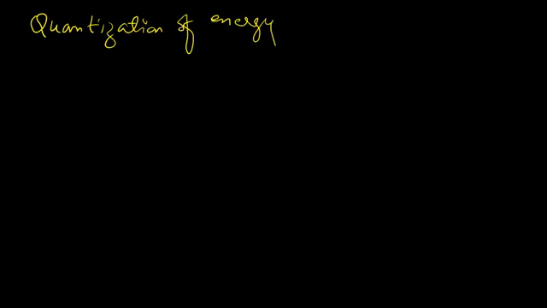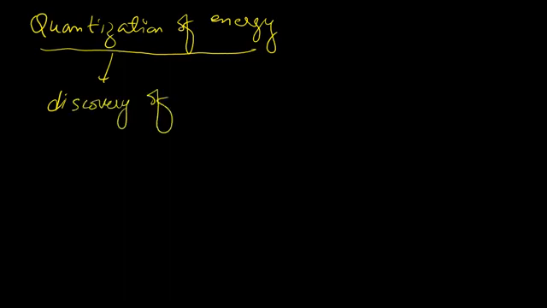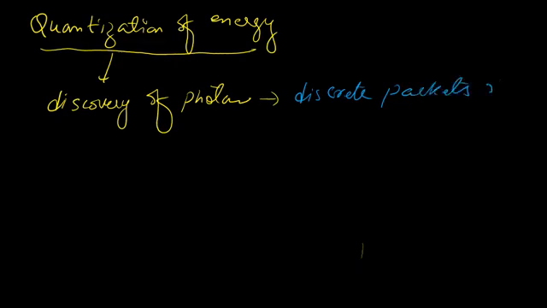To explain atomic spectra, we will start with the quantization of energy. Quantization of energy is related to the discovery of the photon, which says that light consists of discrete packets of energy.